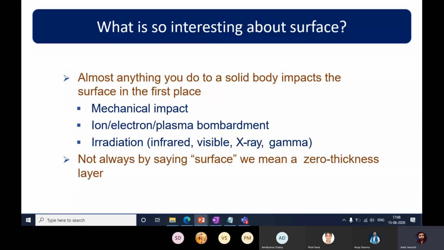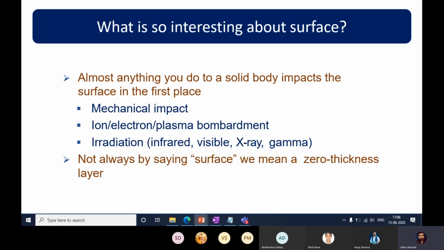So the first thing which comes to mind is what is so interesting about the surfaces. Why do we always focus on analyzing the surface, even if there is any mechanical impact or any electronic bombardment or any other irradiation such as X-rays or gamma rays?